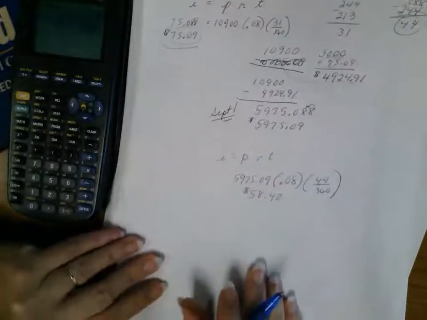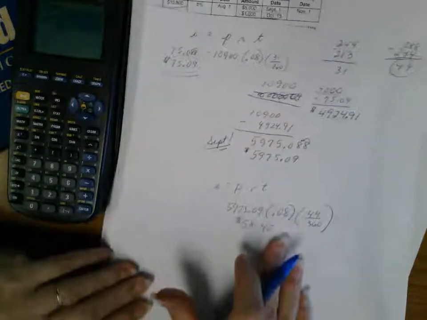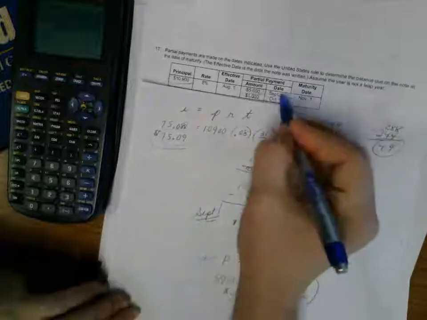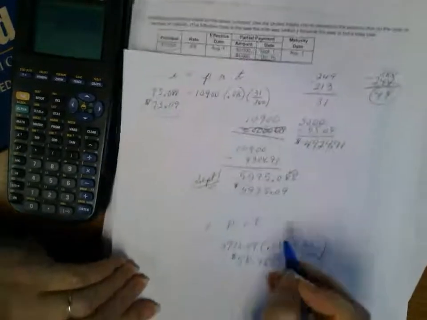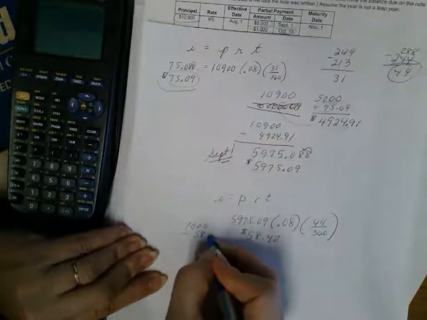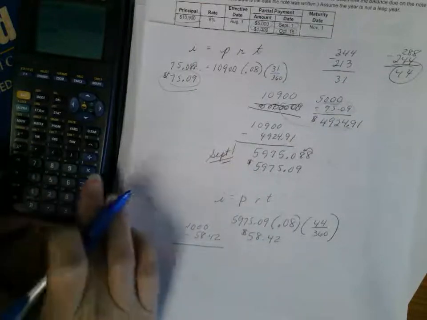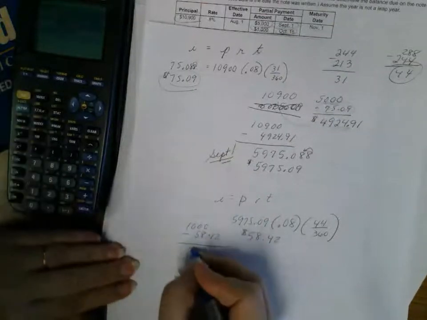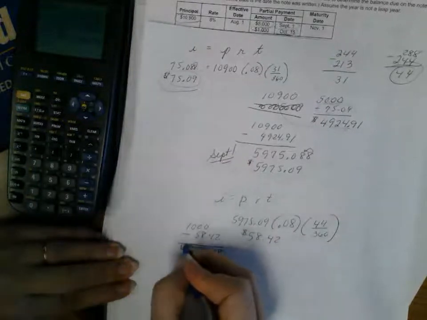So that's the interest I'm going to owe in that increment of time. So I'm making $1,000. It says you're making a $1,000 partial payment on October 15th. So of that $1,000, just like we did before, subtract out how much of it you've got to give towards the interest, the use of the money. So $1,000 minus your interest means you net $941.58 to the nearest penny.